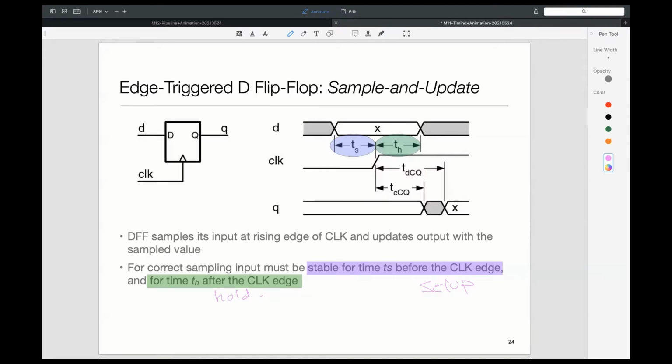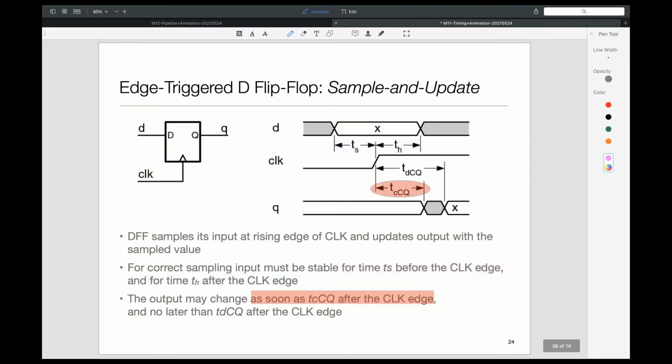Then what is happening is after the clock edge comes, the output of the flip-flop will begin to change and then stabilize after some time. So there are two things: how soon it begins to change, and how late it becomes stable. The output may change as soon as TCCQ, and no later than TDCQ.